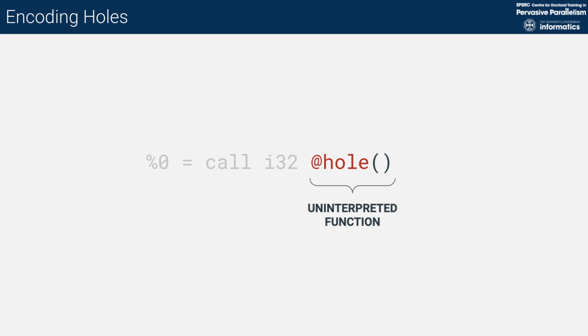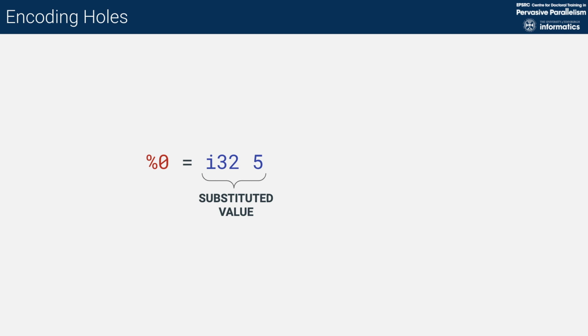A solver is responsible for examining the value %0 on the slide and deciding on a concrete value to be substituted for the hole. For example, if we thought that the value 5 of type I32 was an appropriate choice, we could substitute that in the hole to produce a program that could be linked or executed.